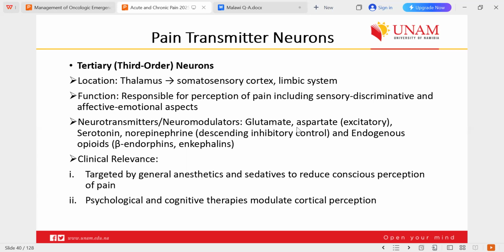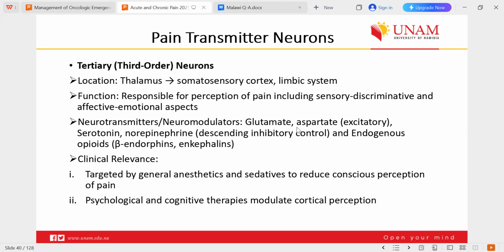A lot of neuromodulators work here, the excitatory and the inhibitory, with your endogenous opioids: your endorphins, dynorphins, your enkephalins.